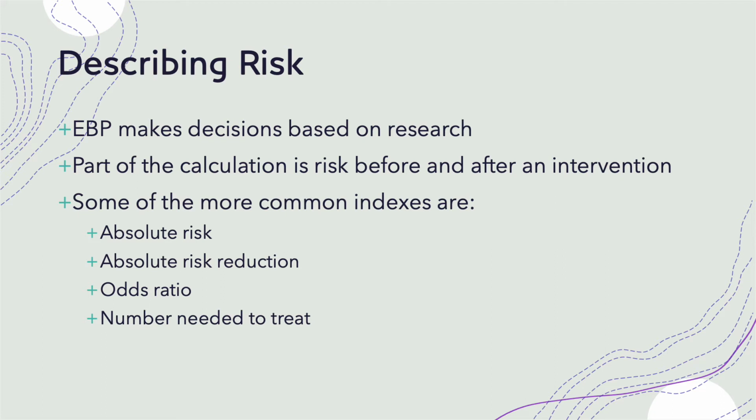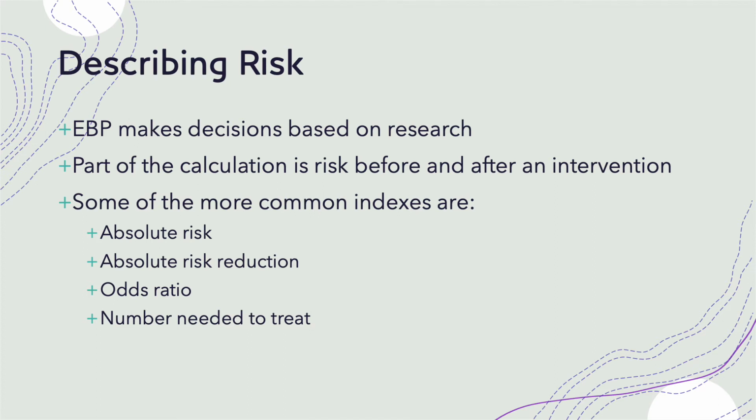Evidence-based practice, when we're thinking about risk, we do that a lot in evidence-based practice. And evidence-based practice makes decisions based on the existing research. Part of the calculation is risk before and after an intervention. And some of the more common indexes are absolute risk reduction, odds ratio, and the number needed to treat.